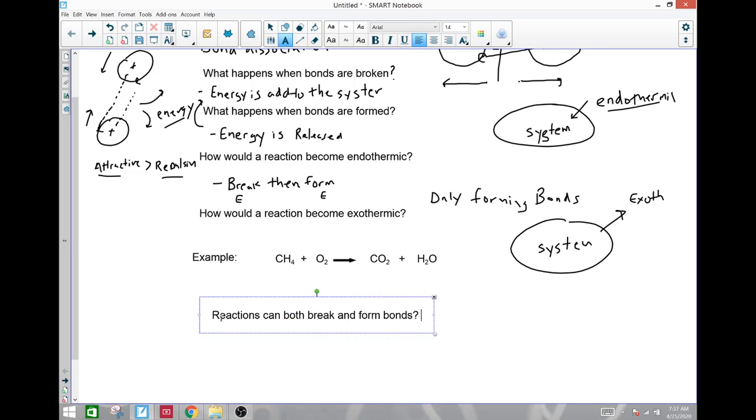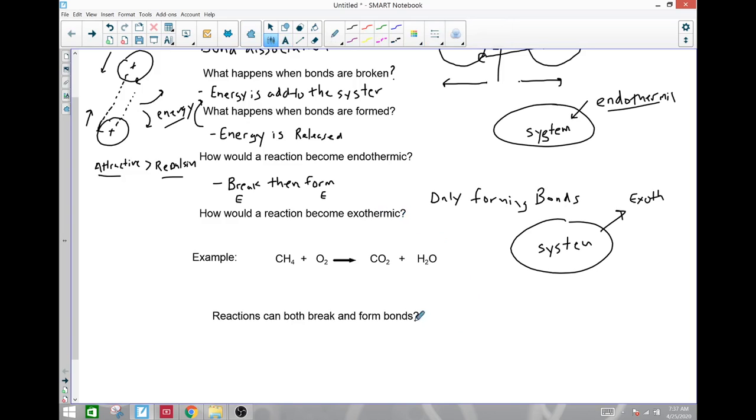So that means we have energy that's both exiting and entering the system. When you break bonds, we're going to have energy entering the system. When you form bonds, we're going to have energy exiting the system.